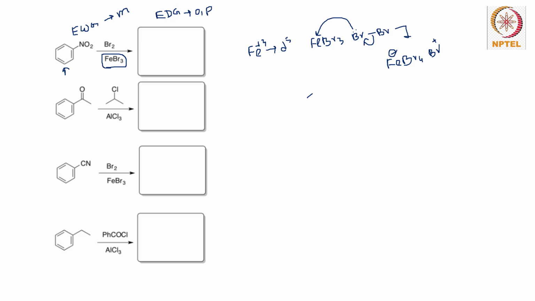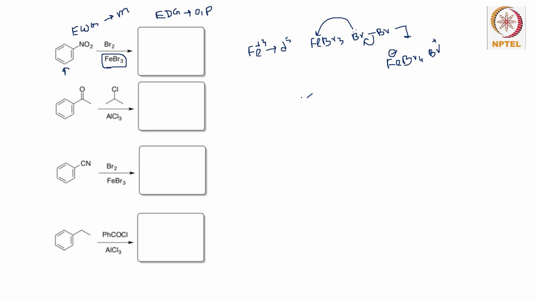Ortho-para orienting. I think these things are discussed in first year or so. Do you know or not? I don't know, but this is the thing. Whenever there is an electron withdrawing group, the entering group is meta orienting. I will try to draw the elaborate mechanism in the next class.